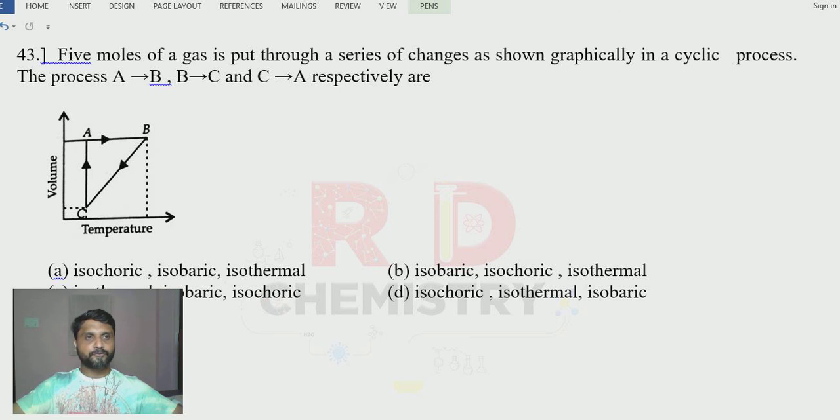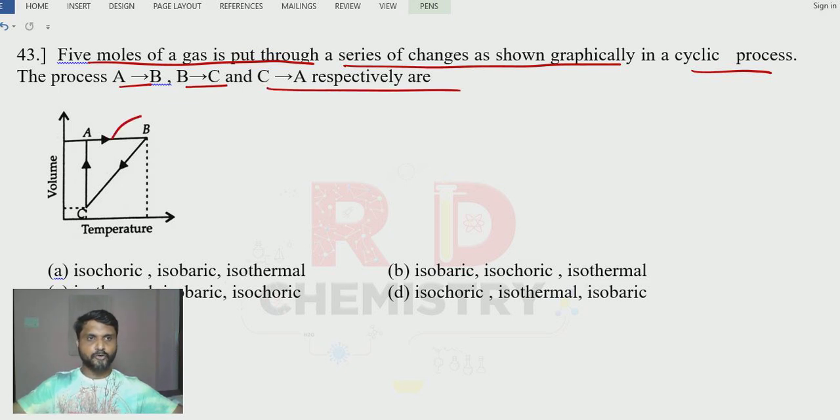Question number 43. 5 moles of the gas is put through a series of changes shown in the cyclic process. So then A to B, B to C, C to A respectively are... Let us see A to B. Now A to B means the volume remains the same, and temperature changes. Volume remaining the same means it should be isochoric. Correct?